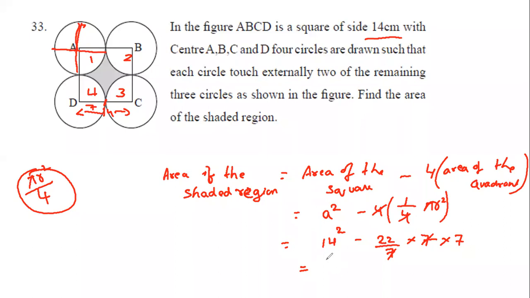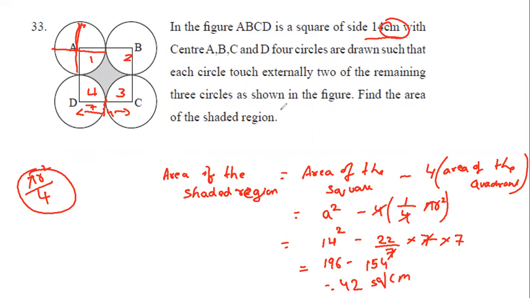So 14 into 14 is 196 minus 22 into 7 is 154, which is equal to 42 square. This is in centimeter, right? So square centimeter. So this is the answer. Many times they ask for this question. This question is very important.